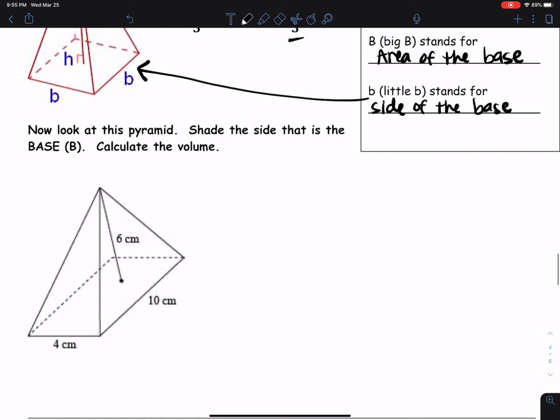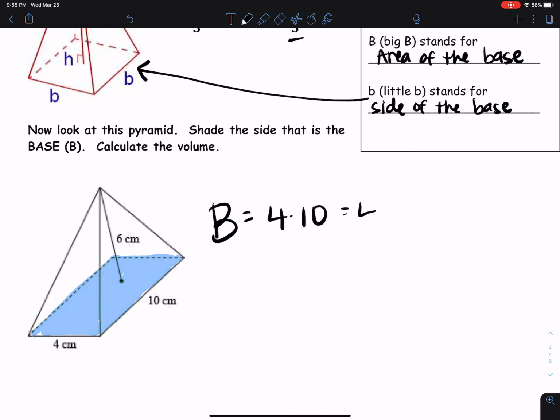The example here says, now look at this pyramid, shade the side that is the base and calculate the volume. So we're going to say that this is the base because that's the base of the pyramid. It's at the bottom. So to find the area of this, we just multiply the 2 sides because it's a rectangle. So the area of the base is 4 times 10, which gives us 40 centimeters squared.